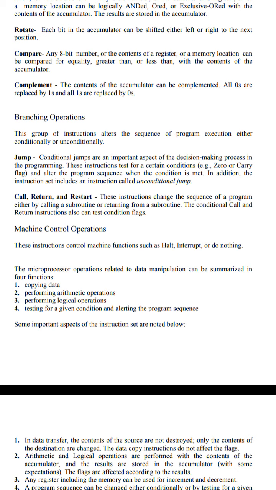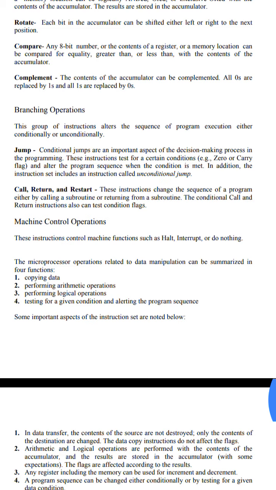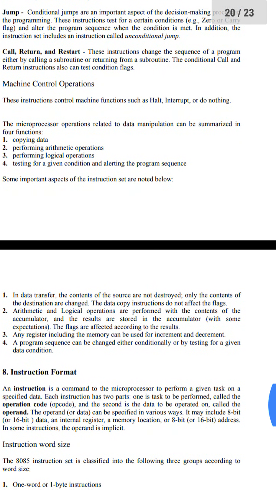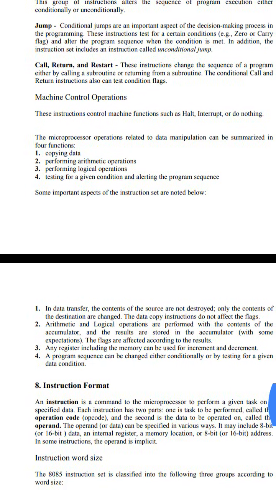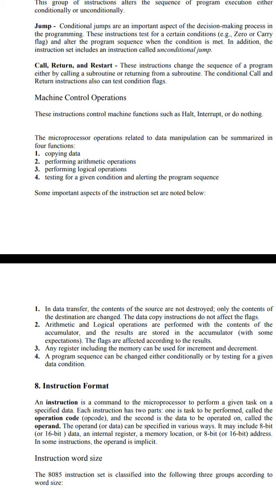These conditional jumps are a decision making process during programming, and these instructions test for certain conditions. Generally these conditions depend upon the flag status, and the program sequence is changed when the condition is obtained. Then the last type of instruction is the machine control operations.